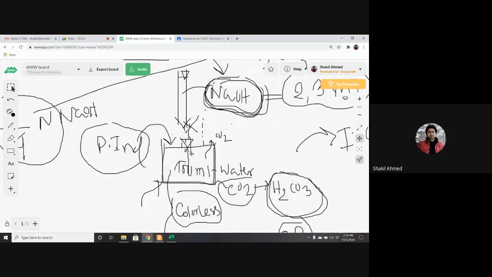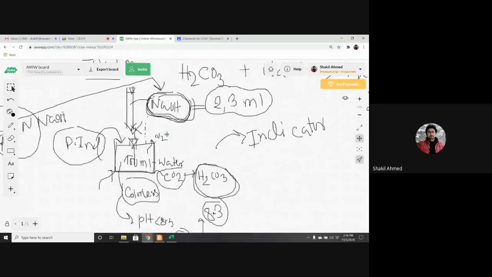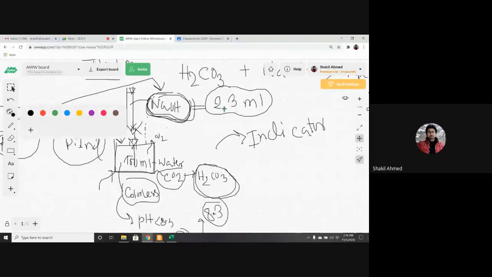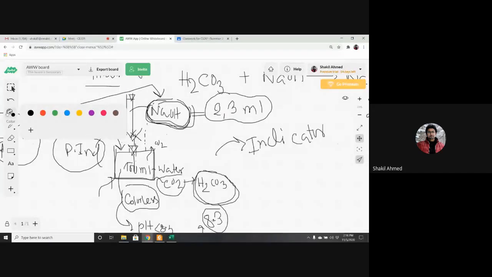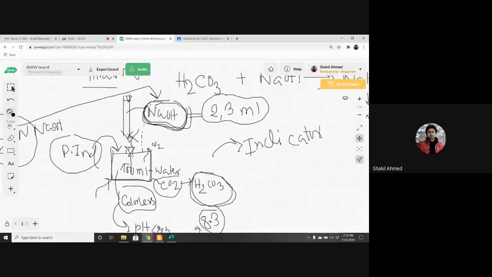Yes, sir. So once you perform the test, for example, you already know that you need 4 ml. Now you again do the test with 100 ml, but not drop by drop. You immediately put in 4 ml, and you check whether there is pink color or not.